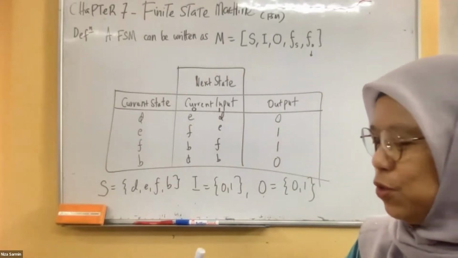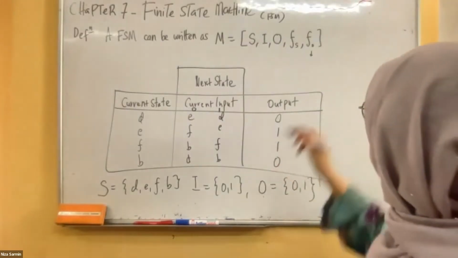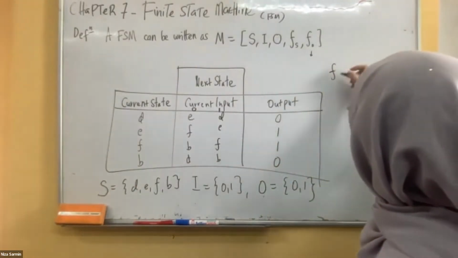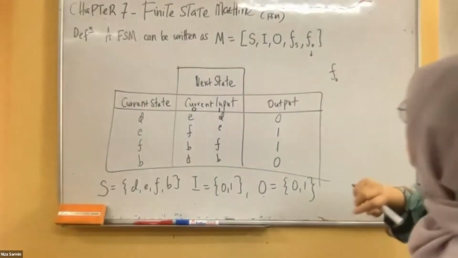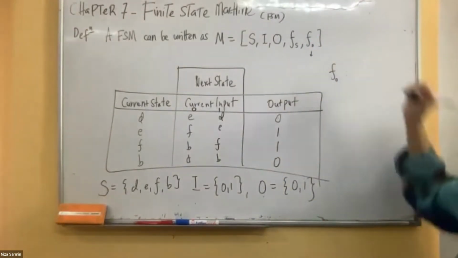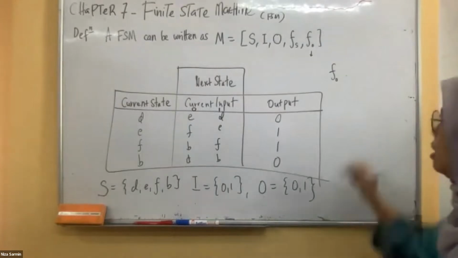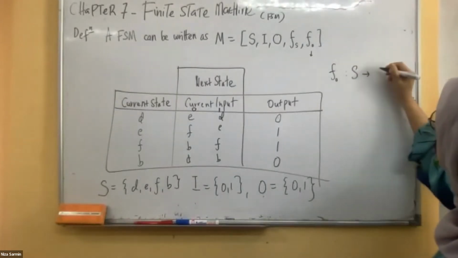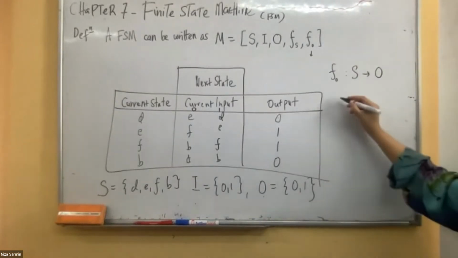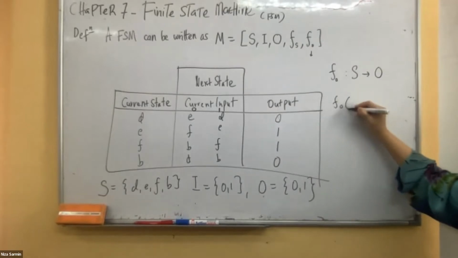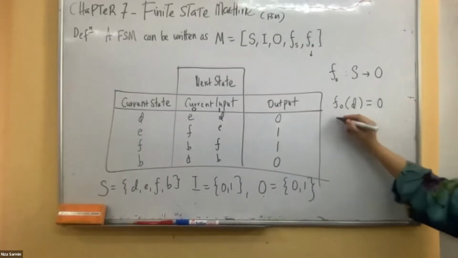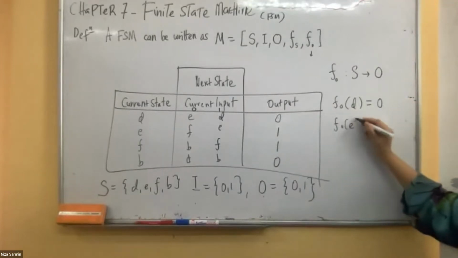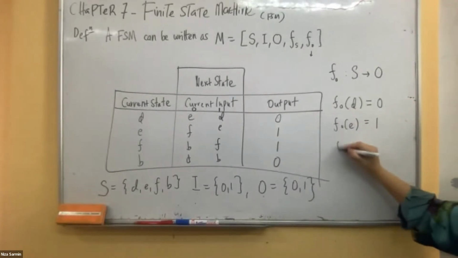Now you have to list the Fo, the output function. Fo is from S to the output, right? So you have Fo of D is 0. Fo of E is 1.